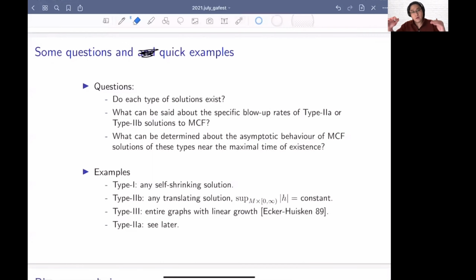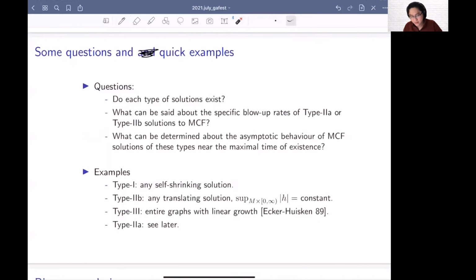If we consider an entire graph with linear growth at spatial infinity, then the classic result of Ecker and Huisken says that such a solution must be type 3. And for type 2A, in the rest of the talk, we'll see more examples.